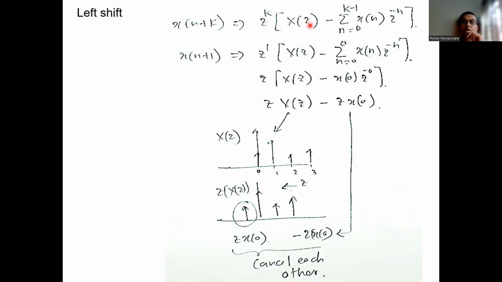And if you follow the sequence, it will look like this: z to the k this time, x of z minus the summation n equals 0 to k minus 1. There's a slight adjustment because of the time sequence, right? x n is z to the minus n. So the equation is slightly different than what we have seen earlier, but it explains the same principle.